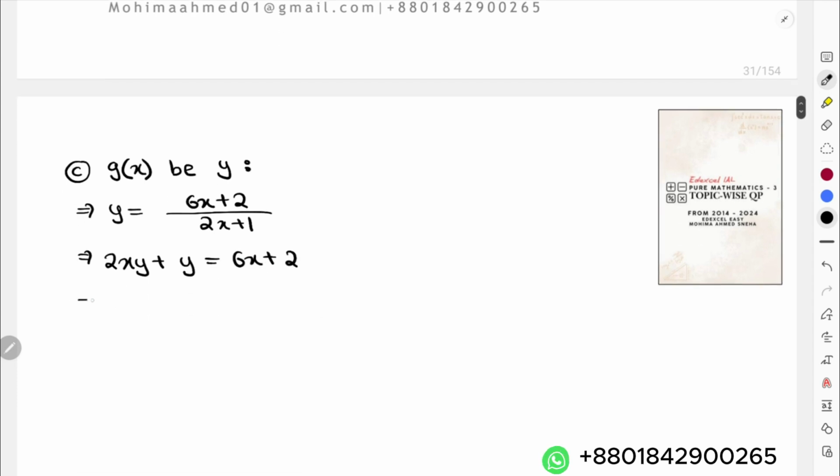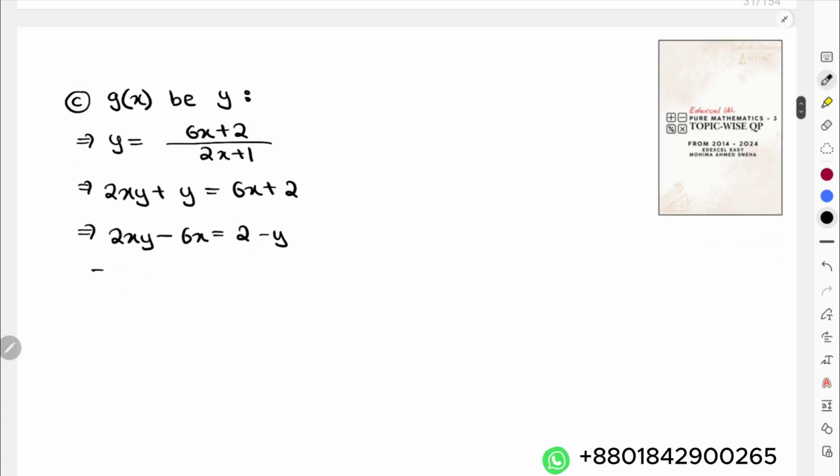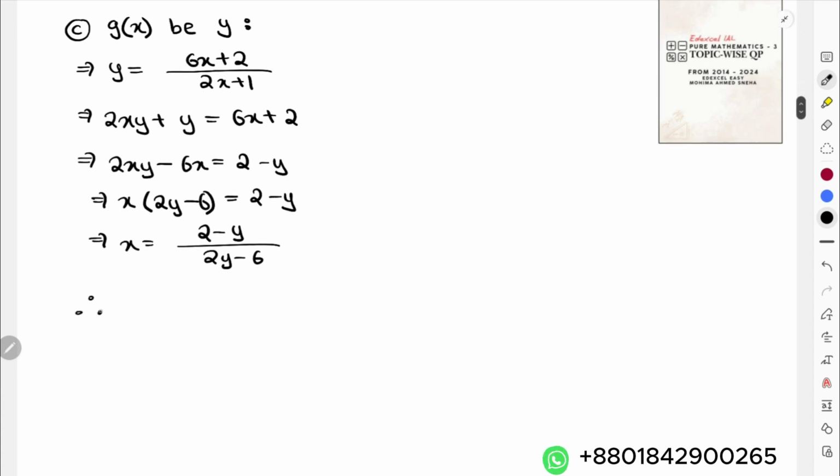You take all the x's together, so 2xy minus 6x equals 2 minus y. And from there, take x as a common factor: x(2y minus 6) equals 2 minus y. Then x will become (2 minus y) over (2y minus 6). And finally, you can write that you have g inverse x as (2 minus x) over (2x minus 6), right? So this is your equation.